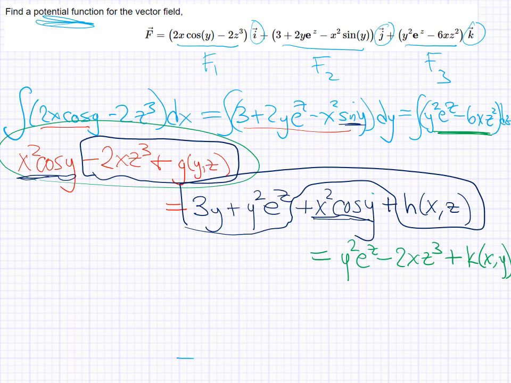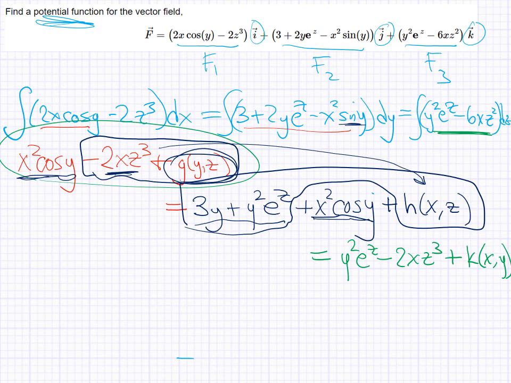Okay, well, how's that going to work? I have something that only has x's and z's in it here. That could be equal to this piece that's only supposed to have x's and z's in it. And I have this piece here that only has y's and z's in it, and that could be equal to this piece that only has y's and z's in it. So we could use that.